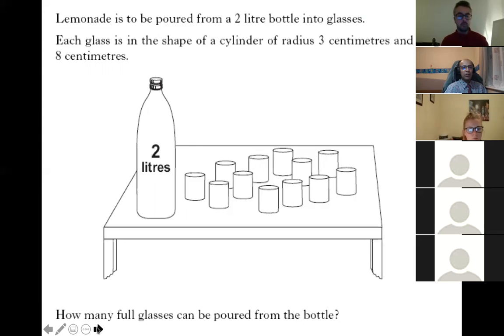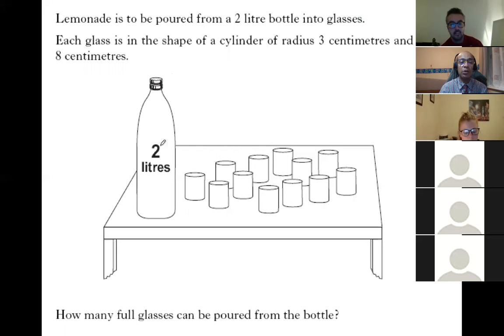I like it because when you do science, you'll find everything gets changed into milliliters and liters, which talk more to us, because when you drink something, you don't say, I'm going to drink a 500 centimeter cube of a drink. So lemonade is to be poured from a 2-liter bottle.